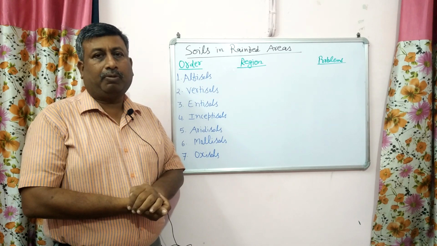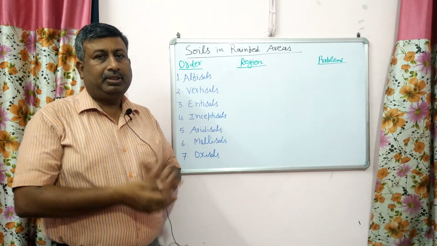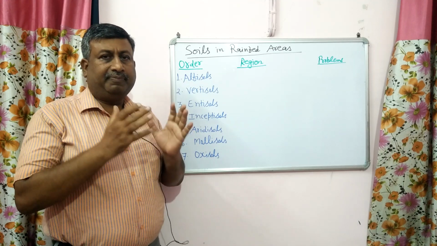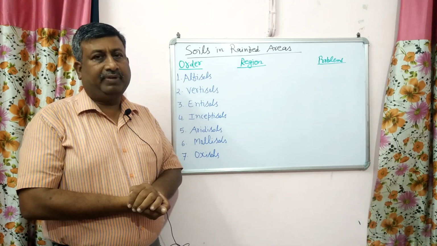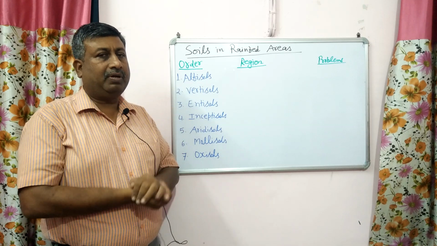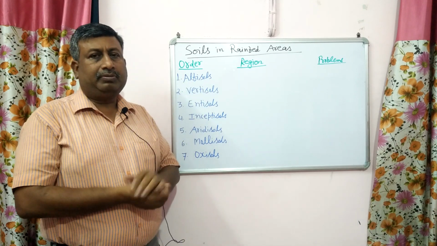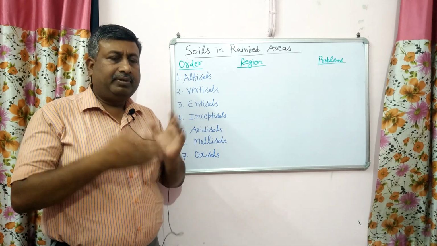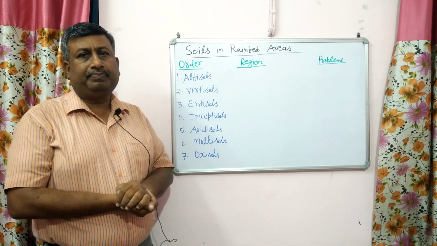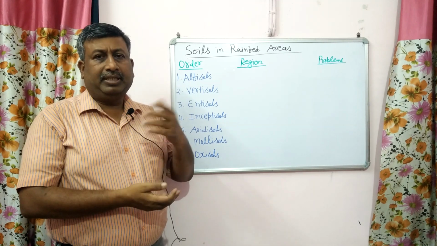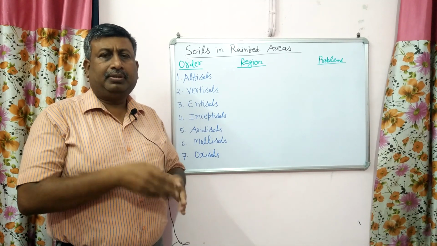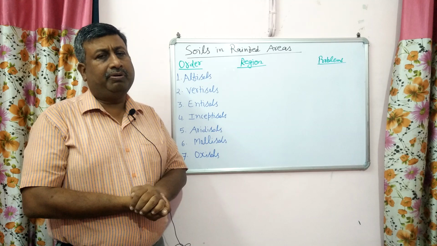It is a very important topic for rainfed agriculture, and different types of soil occur in rainfed areas. So first of all, we should understand what rainfed areas are. Rainfed areas are those areas where total cultivation, meaning sowing, tillage and irrigation, all depend on rainfall.